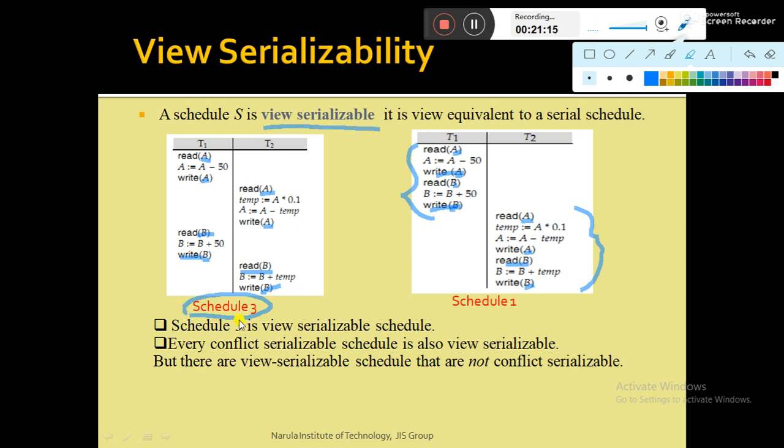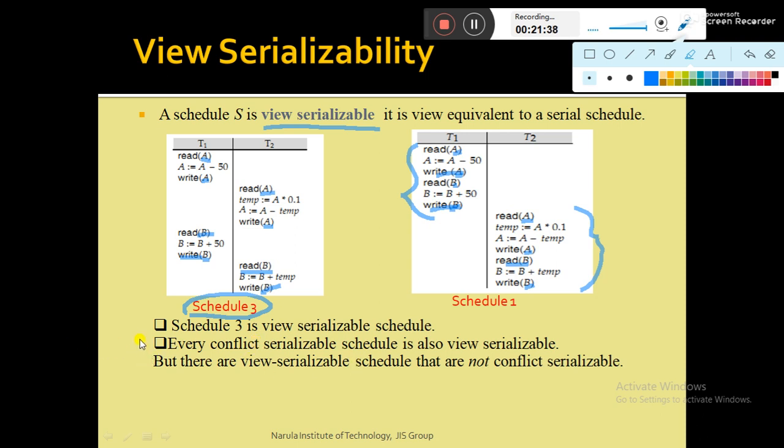First of all, schedule 3 and schedule 1 are view equivalent, because both have satisfied the three properties. And as schedule 3 is view equivalent to schedule 1, and schedule 1 is a serial schedule, that is why we termed schedule 3 a view serializable schedule.